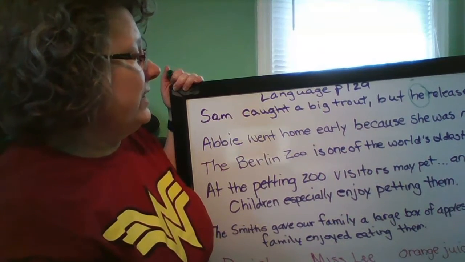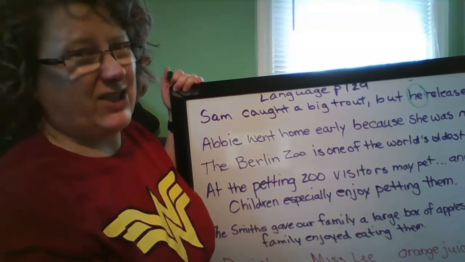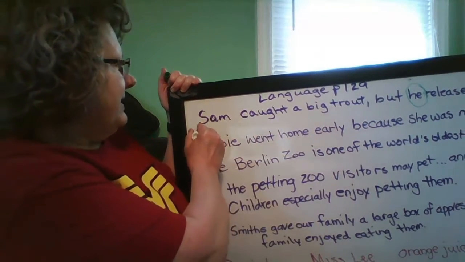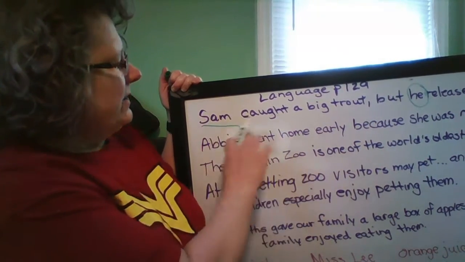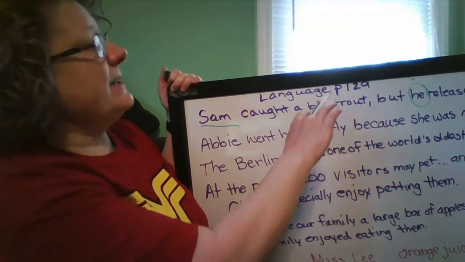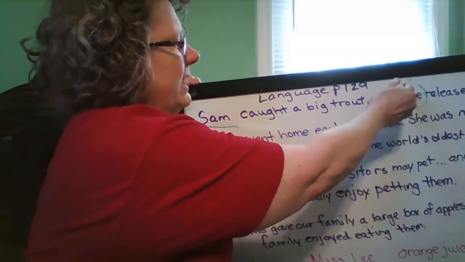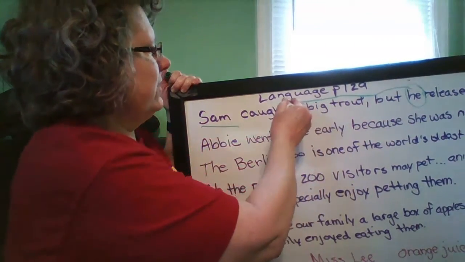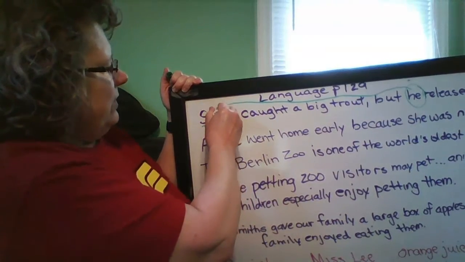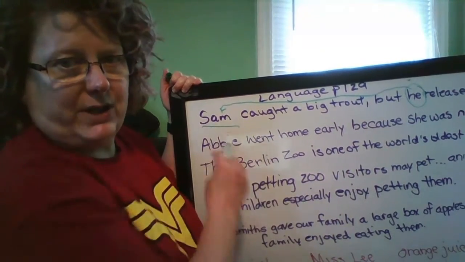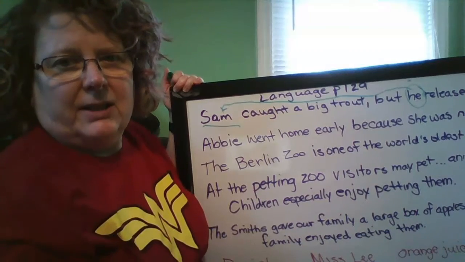Sam caught a big trout, but the trout released the fish? I don't think so. Let's try. I think it must be Sam. So Sam caught a big trout, but Sam released the fish. So the word he is referring to Sam. So after you underline Sam, you're going to draw an arrow from he to Sam. So your book should look exactly like my board.